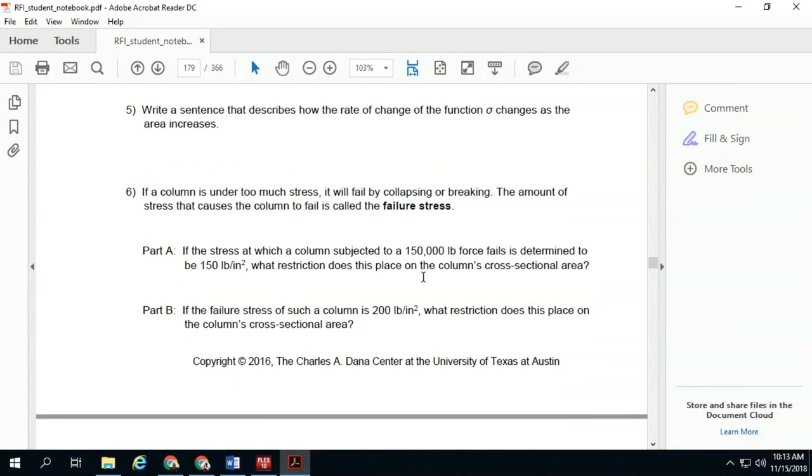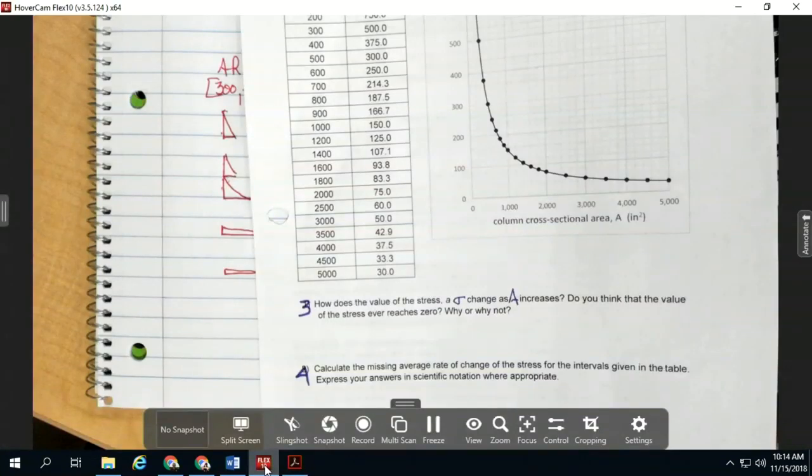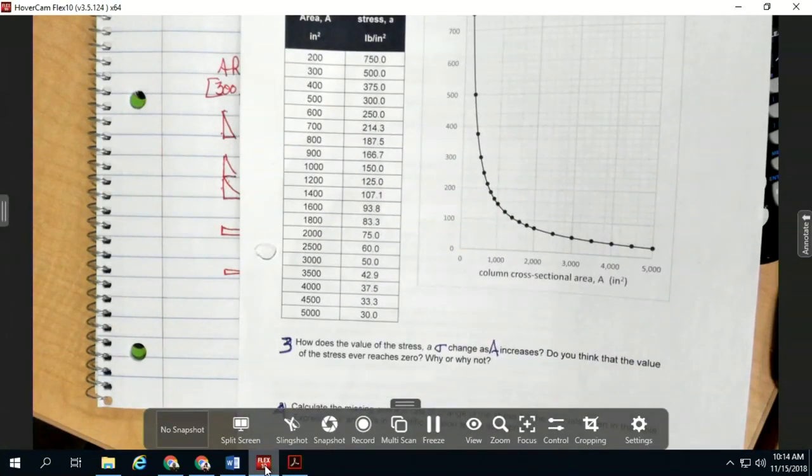All right. If a column is under too much stress, it will fail. The amount of stress that causes a column to fail is called the failure stress. So if we look at our column and we say it's going to fail at 150 pounds per square inch, how big is the column going to be?